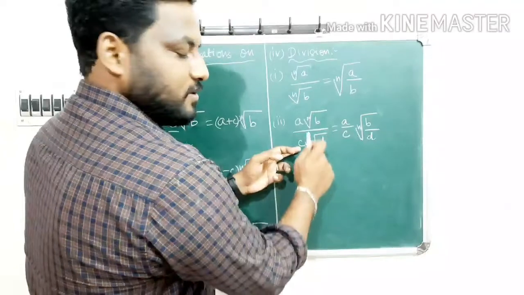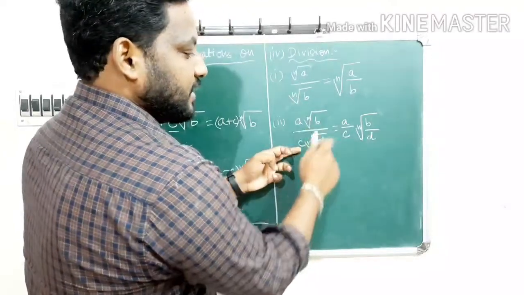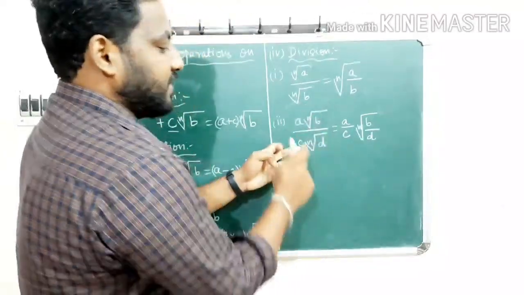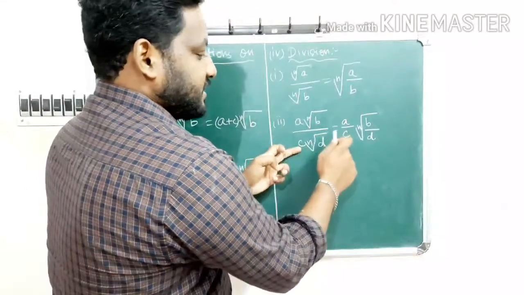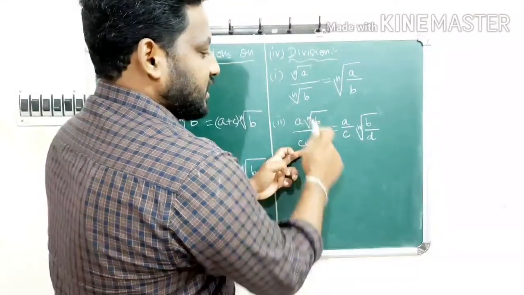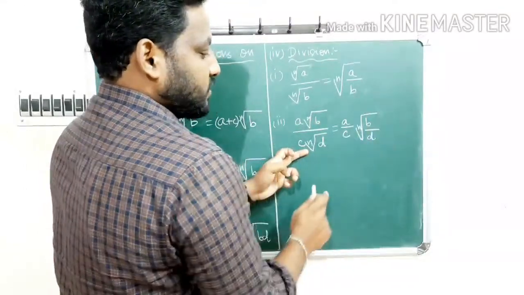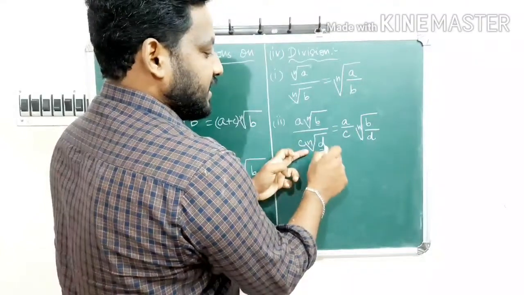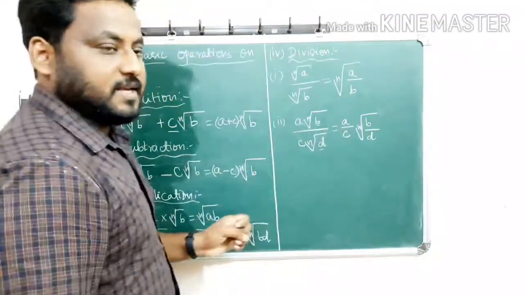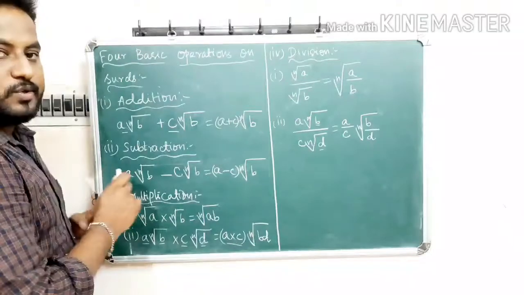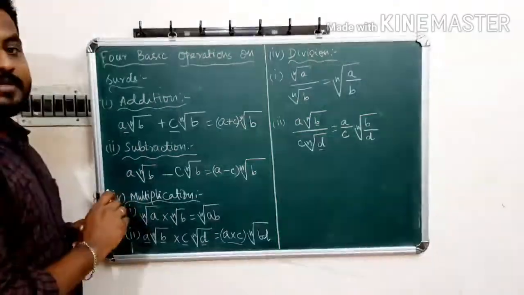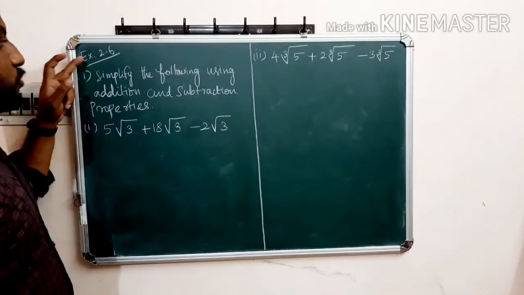So only the nth root is common, and the rest of them are different. So a divided by c, and then the nth root is common, so take the nth root as common, and then the inside numbers b and d are different, so b divided by d. Okay, so this is what we are going to use in the exercise. And then we move on to exercise 2.6.